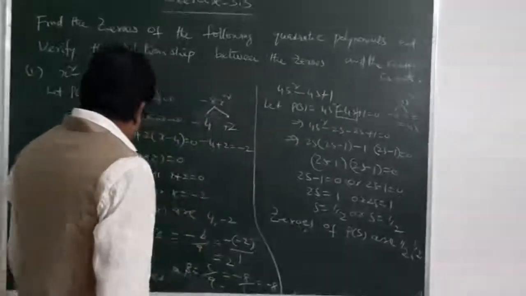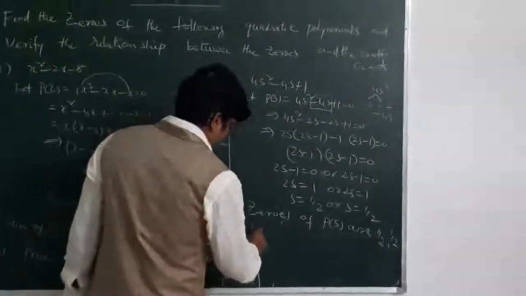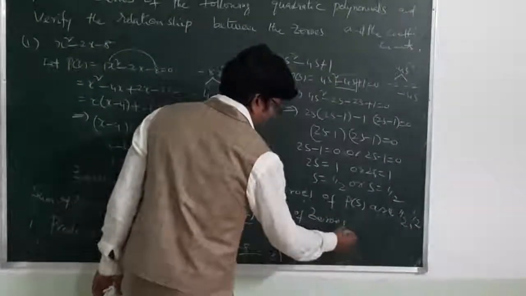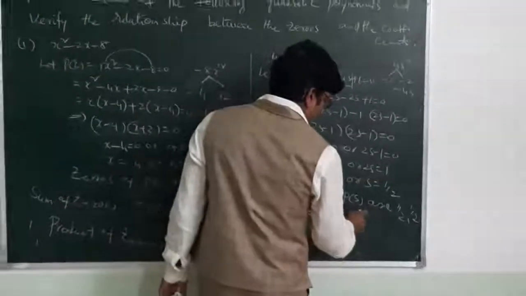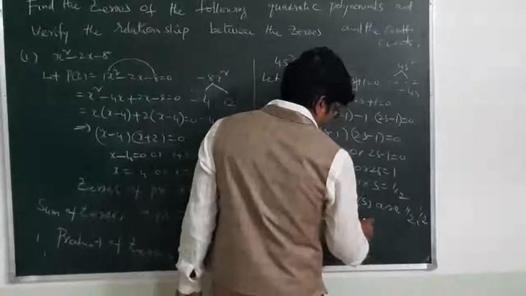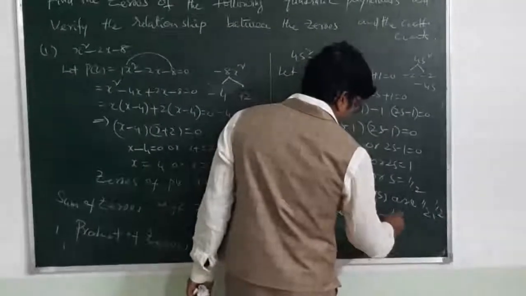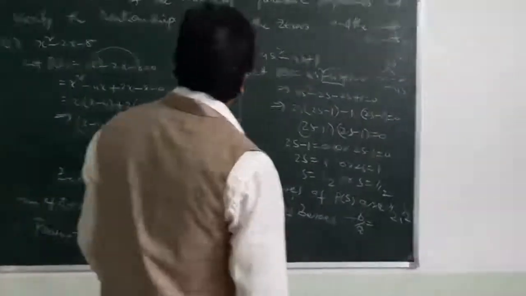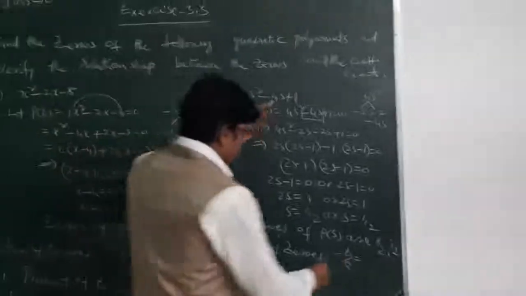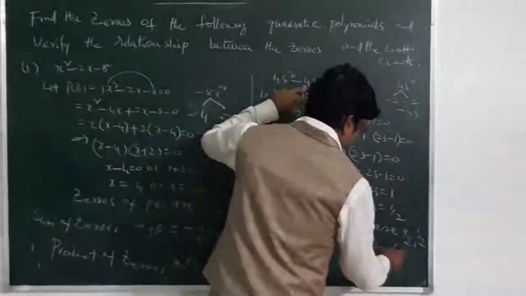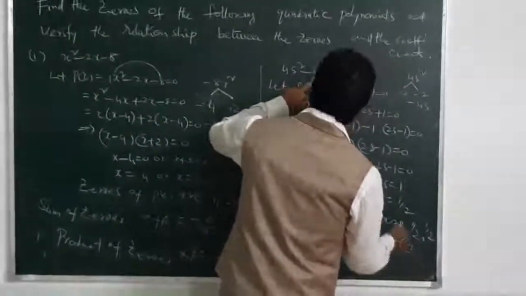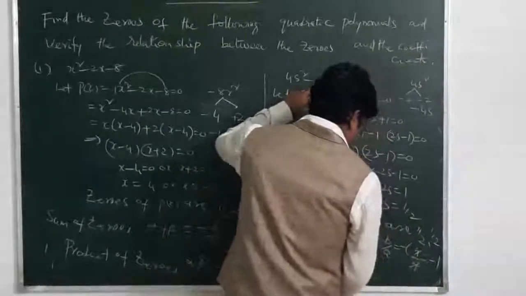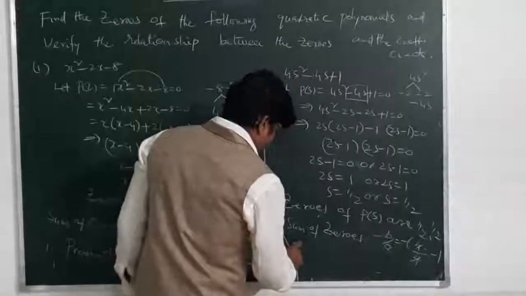Now, sum of zeros: 1 by 2 plus 1 by 2 equals 1. Minus b by a is minus of minus 4 by 4, which equals 1.